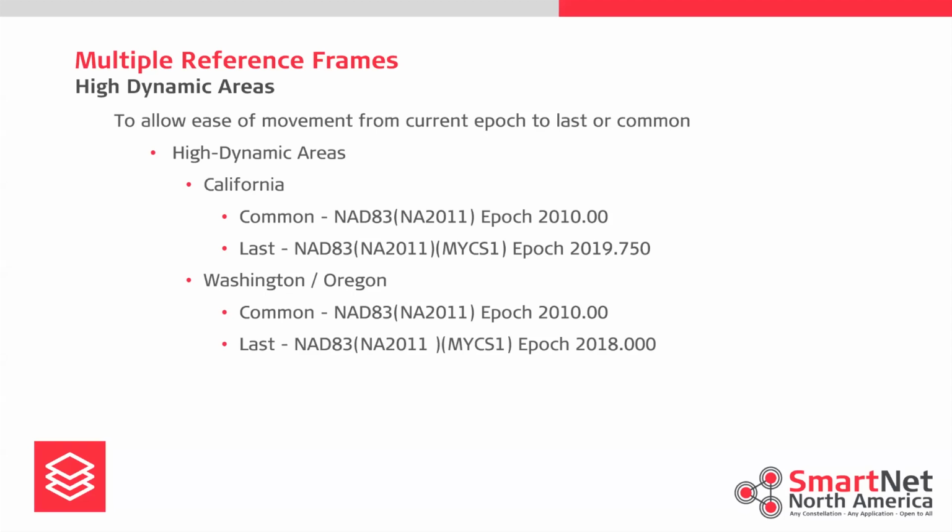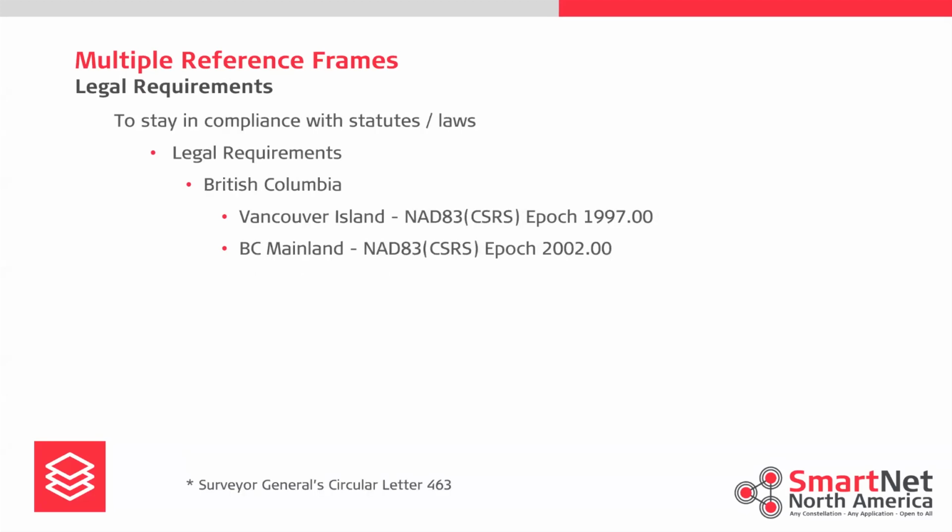We also have the current, common, and the last as well. Or in British Columbia, where we have governmental requirements based on the Surveyor General's circular letter. We have Vancouver Island having to be in 1997 epoch, and BC mainland being in 2002 epoch. So both of these things can be handled with multiple reference frames.